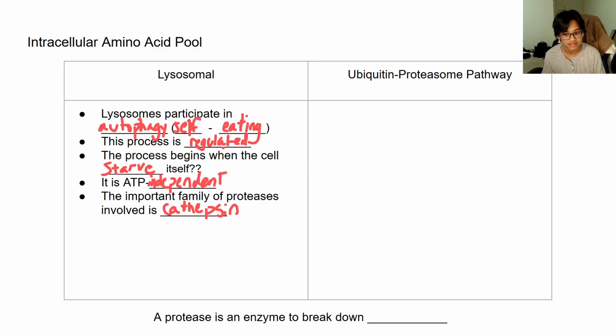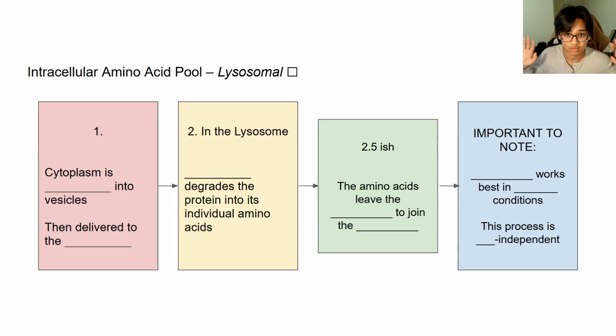That's what I'm calling it. A protease, for a reminder, is an enzyme that breaks down proteins and or peptides. That's basically it. I've put a square there because it's for lysosomal. You can fill in the blanks as well.